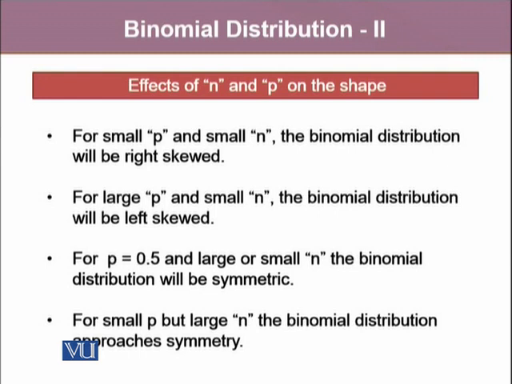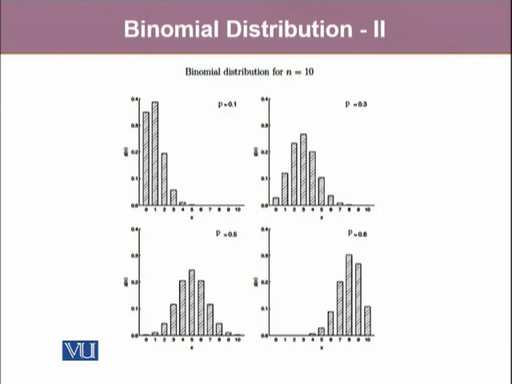But if p is 0.5, then whatever the n value is, either large or small, the binomial distribution will always be symmetric. Whereas for small p but large n, the binomial distribution approaches symmetry. So these 4 conditions describe the 4 points discussed earlier.